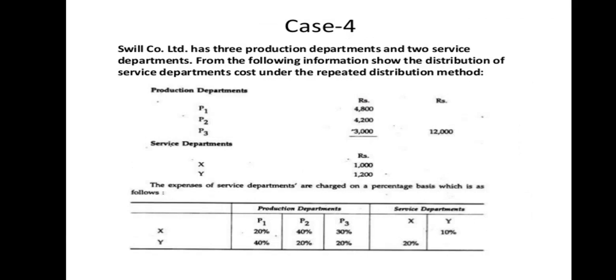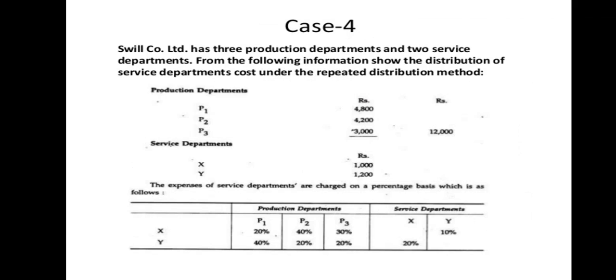So before going to the solution, I just want to read out the problem one more time. So here we have 2 service departments and 3 production departments. The names of the service departments are X and Y. Names of the production departments are P1, P2, P3.